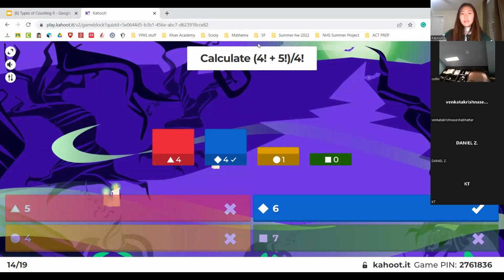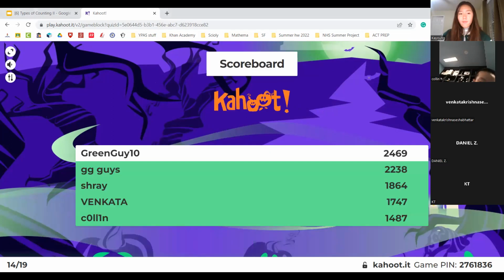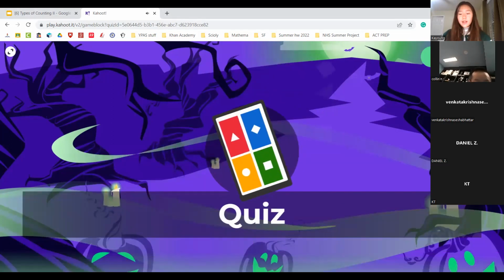It's 6 because you can separate it into 4 factorial over 4 factorial plus 5 factorial over 4 factorial, which would give us 1 plus 5, which is 6. How's it 1 plus 5? Because 4 factorial over 4 factorial is 1, and 5 factorial over 4 factorial is 5. Oh, I see. Trey is at the top.